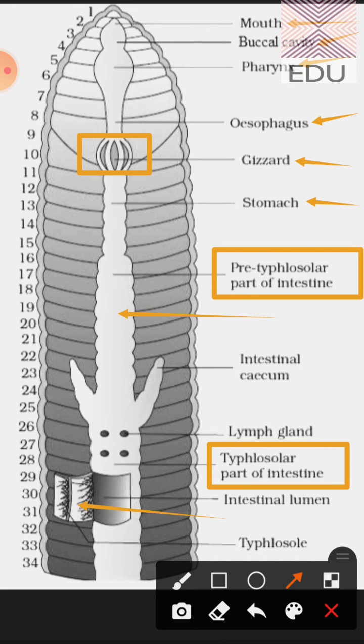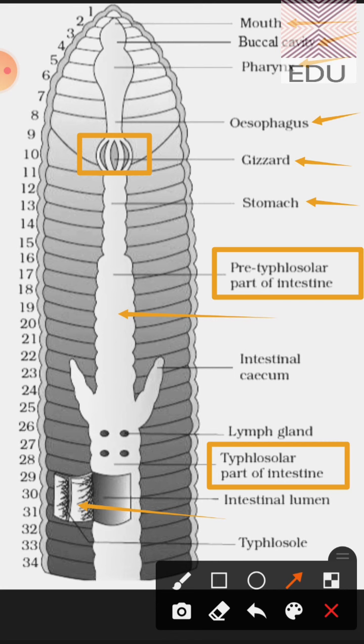That means it is the part prior to the Tiflosol. And the same is with the post-tiflosolar part of the intestine, which is again devoid of this Tiflosol. So the tiflosolar part of the intestine has the Tiflosol. The pre and the post ones lack this structure. So students, those were the parts of the intestine.